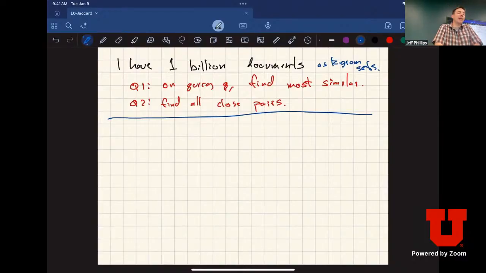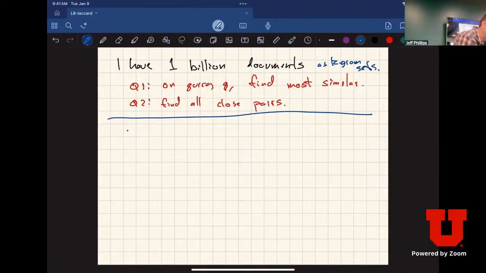I'm not going to get into how the data structure works too much today. I'm going to start by telling you about minHashing, and then we'll figure out how to turn this into a data structure with locality-sensitive hashing in the next lecture.